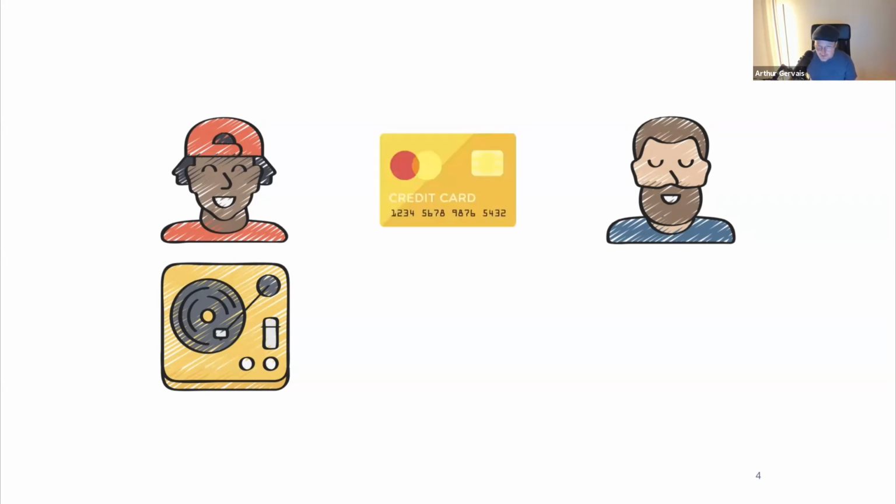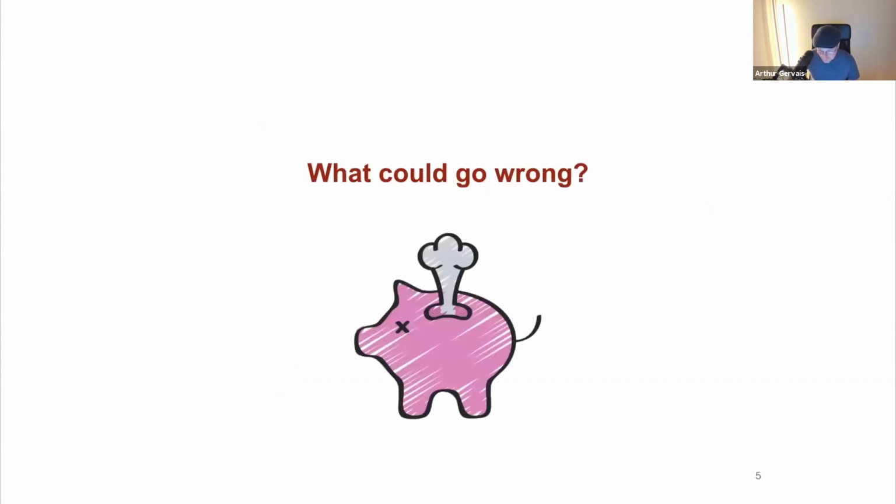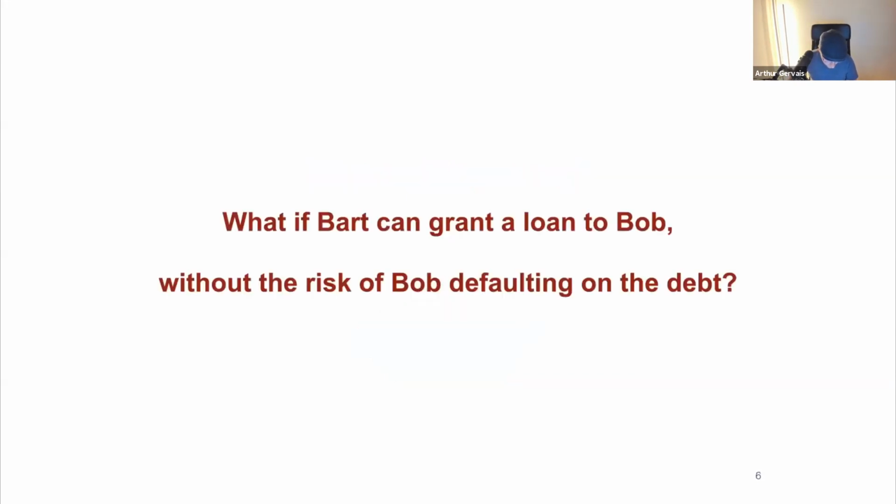Well, he could get a credit from Bart, who has access to some more capital. So what could go wrong if you get a loan? What could go wrong is that you're not able to pay back the loan by the time that you should pay it back, which is typically referred to as defaulting on a debt.